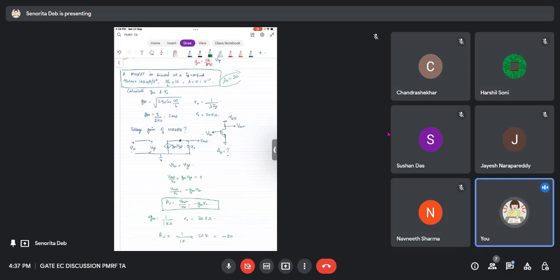Similar things will happen with PMOS as well. I will quickly show you one PMOS problem, and then you can proceed with that. PMOS is nothing but the polarity of the voltage changes. So once you are done, let me know.